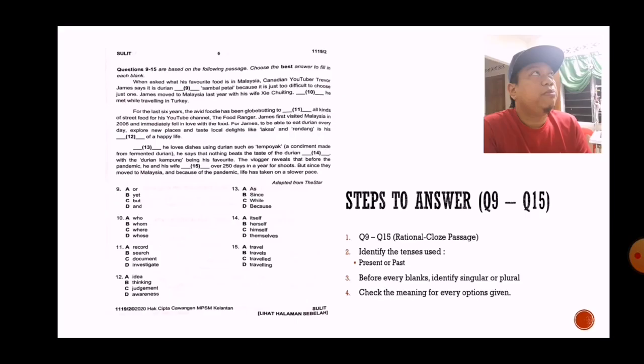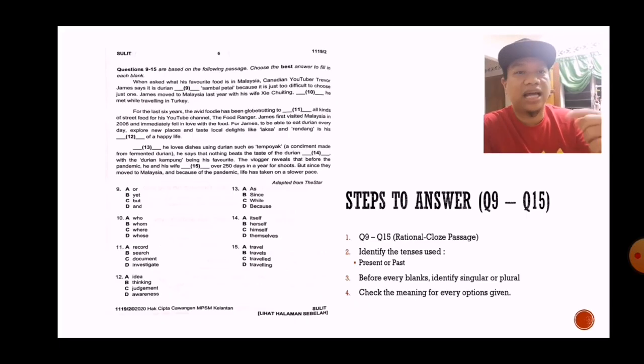Let us look at the options given for number 14. A, itself. B, herself. C, himself. D, themselves. Again, we read it: he says that nothing beats the taste of the durian. The answer must refer back to the word durian. My question is very simple: durian is a living thing, an object, a person, or a fruit? You need to choose the correct pronoun.